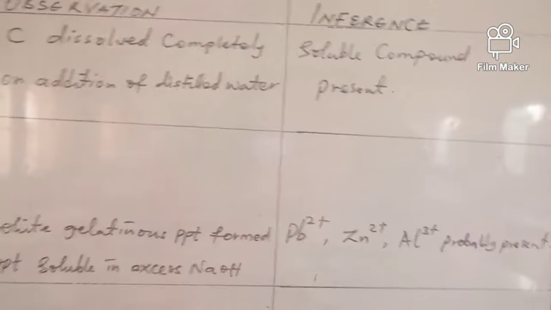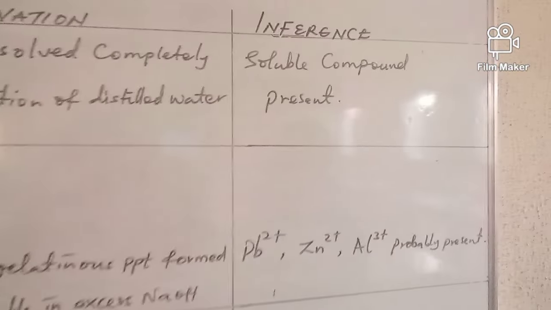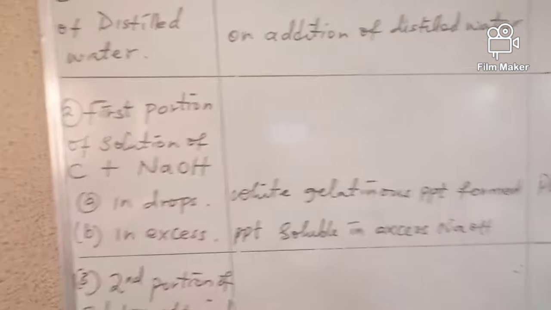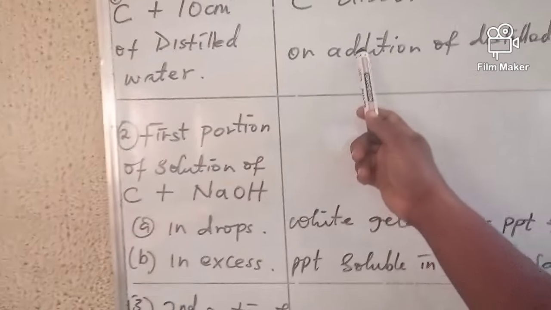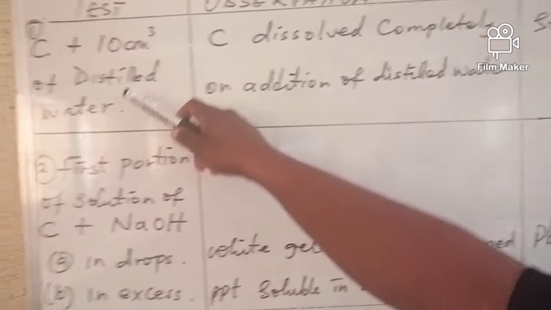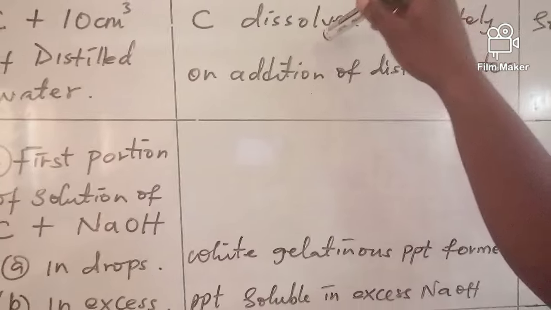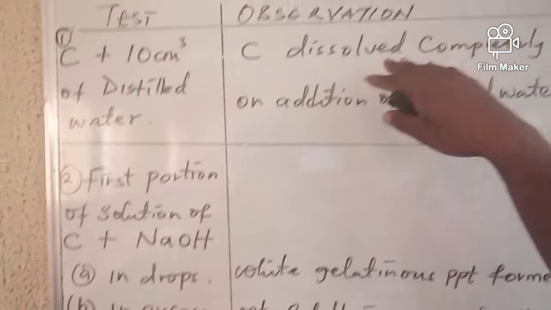And your inference will be: soluble compound present. Okay, so let us see step 2 of this analysis. In step 2, you will be asked to dissolve the solution obtained from I above, that is this solution of C obtained from the first step.